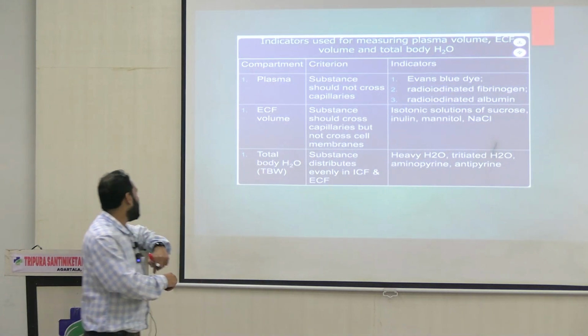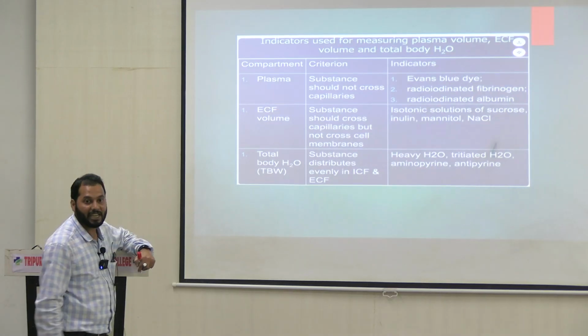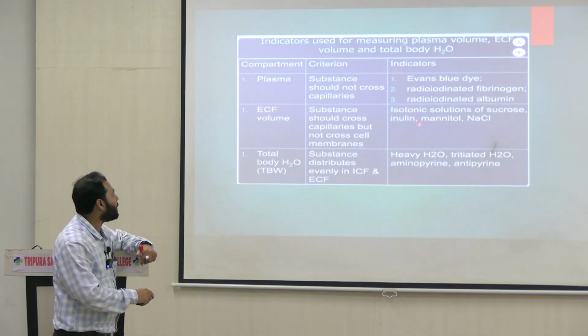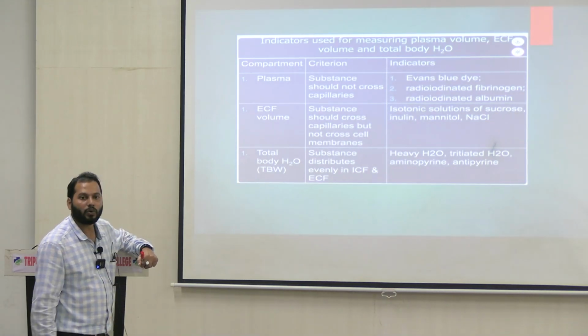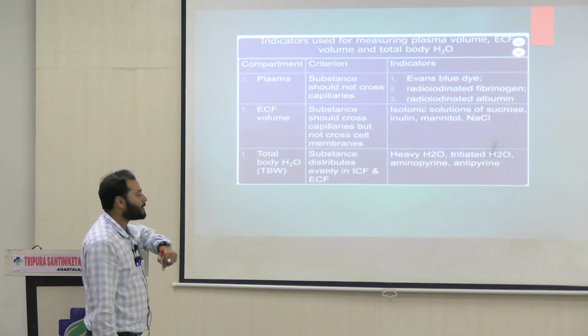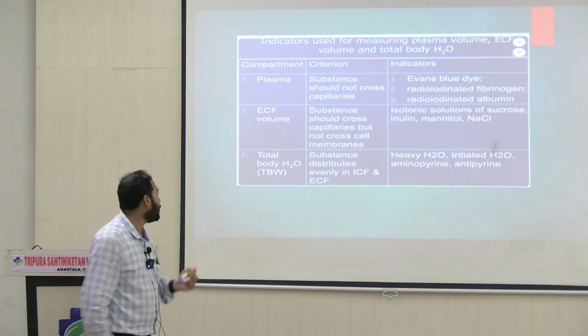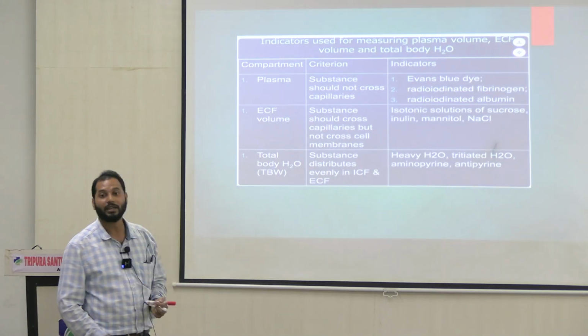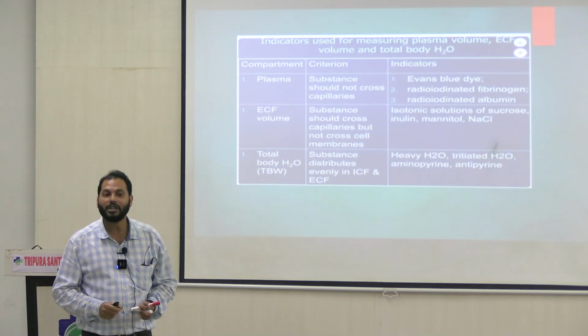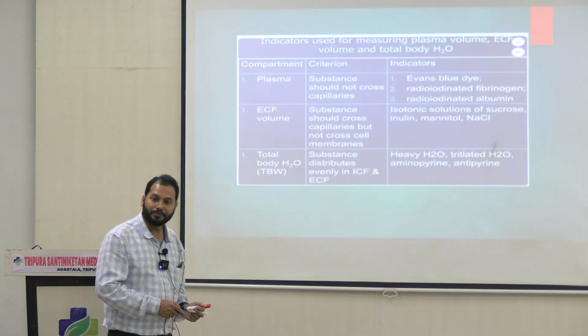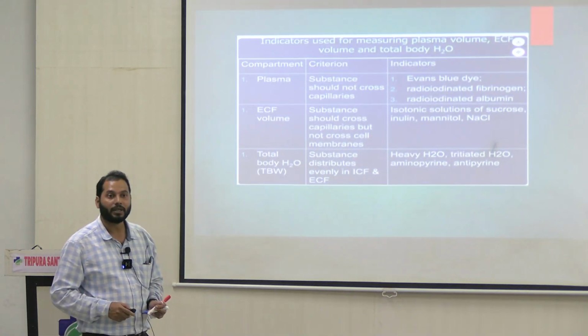On the other hand, for the measurement of ECF volume, the important types are sucrose, inulin, mannitol and sodium chloride. Extracellular fluid volume actually means the determination of what? Interstitial fluid volume, right? So that is also very specific.